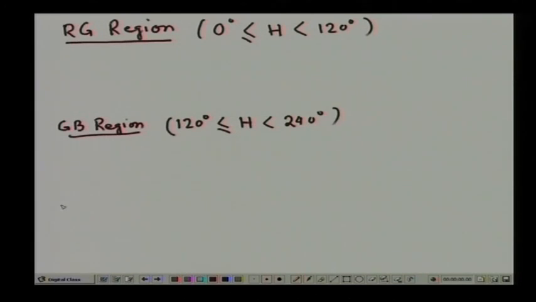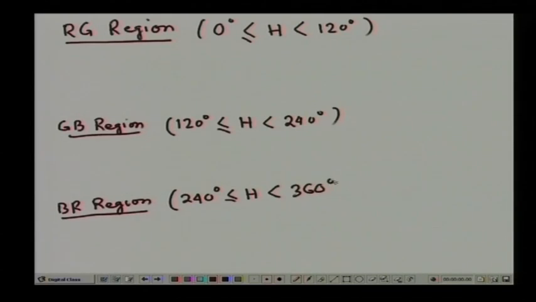And the third region is called the BR region, in which H lies between 240 degree and 360 degree. In the RG region, getting the red, green and blue components is very easy. The blue component is given by I into (1 minus S), where I is the intensity and S is the saturation.